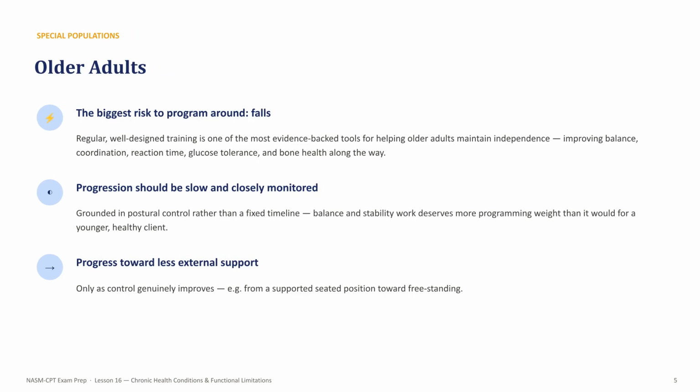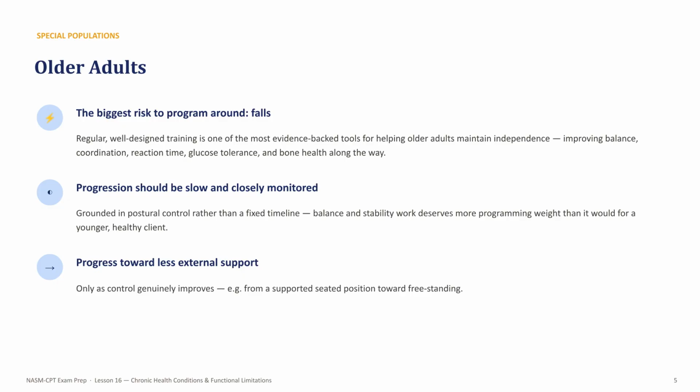Let's look at our first special population, older adults. The biggest risk to program around? Falls. Regular, well-designed training is one of the most evidence-backed tools for helping older adults maintain independence, improving balance, coordination, reaction time, glucose tolerance, and bone health along the way. Progression should be slow and closely monitored, grounded in postural control rather than a fixed timeline.